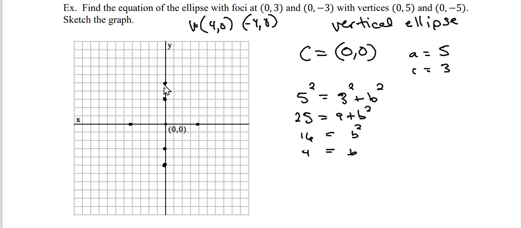At that point, I'm able to draw my ellipse. This is actually going to look pretty close to a circle because there's not that big of a difference between the height and width of this ellipse. Should be a nice smooth curve there. That's not super smooth.